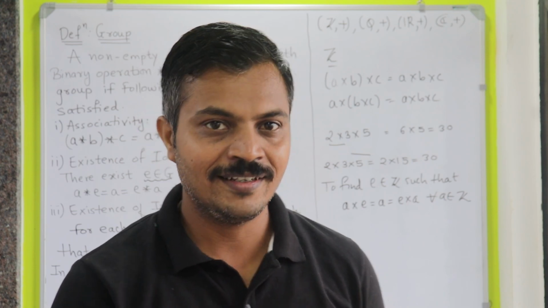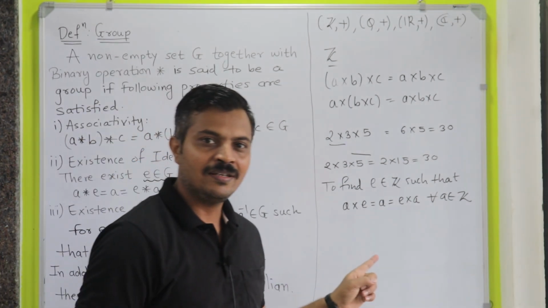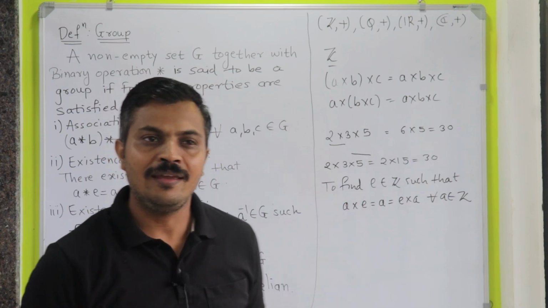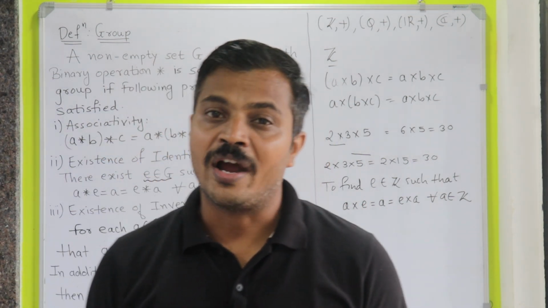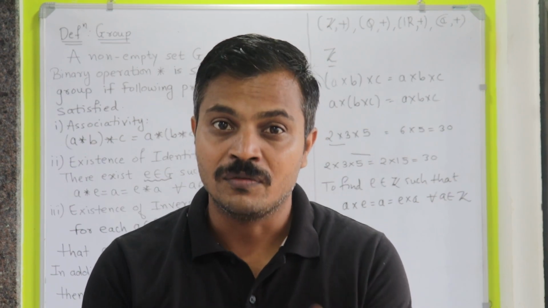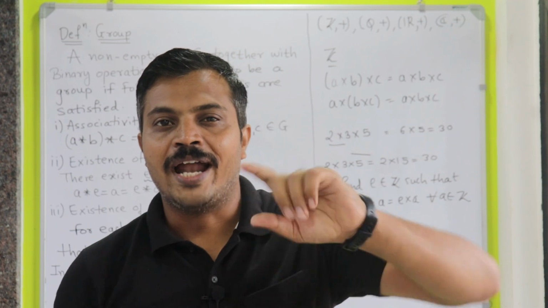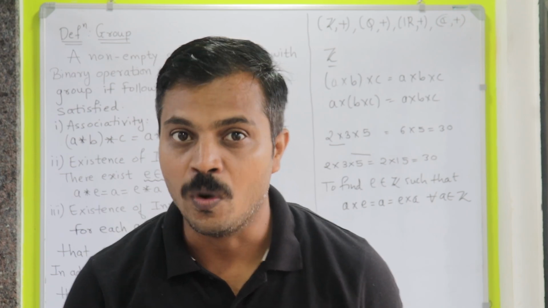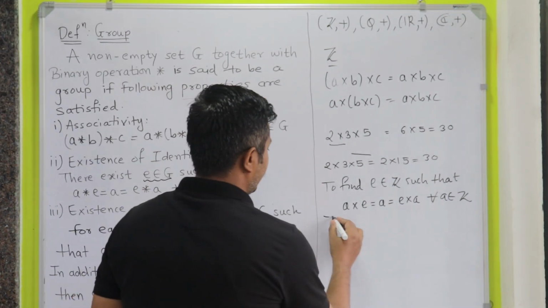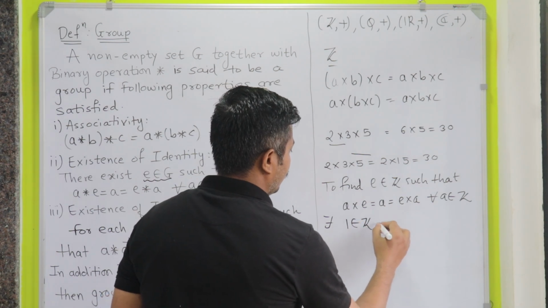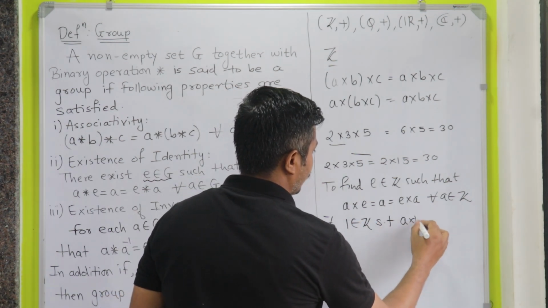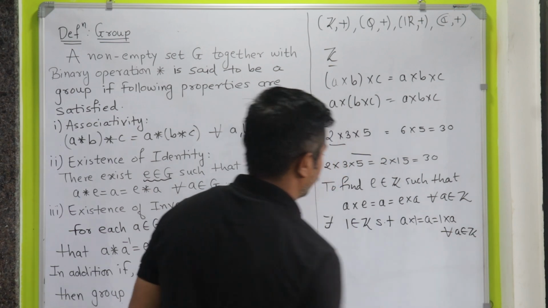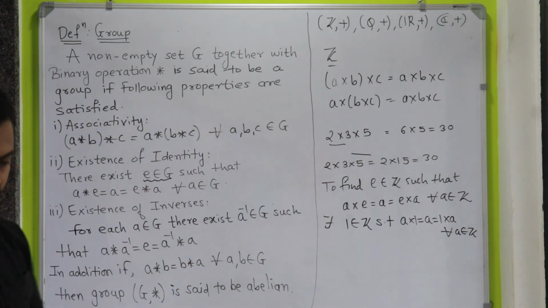That is 1, right? So, the same element will work here. A multiplied by 1 is equal to A, which is further equal to 1 multiplied by A. So, the identity exists in Z with respect to multiplication. Remember, the identity with respect to addition was 0, and the identity with respect to multiplication is 1. So, there exists 1 belongs to Z such that A into 1 is A, which is equal to 1 into A for all A belongs to Z. So, that has also happened, right?